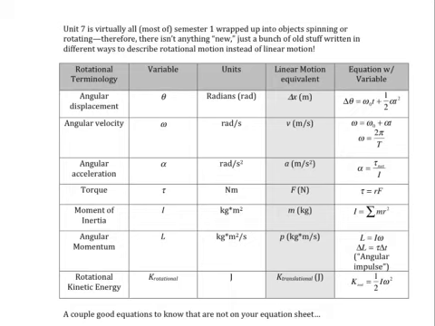Now you don't need to know the trig identities, cosine, sine, all that stuff too much, but you definitely need to know that one revolution is 2 pi, for example, or a quarter of a revolution, 90 degrees, is pi over 2. That is going to help us out a little bit. So angular displacement is theta, an angle, so something like 1 revolution is 2 pi radians, and that's measured in radians.